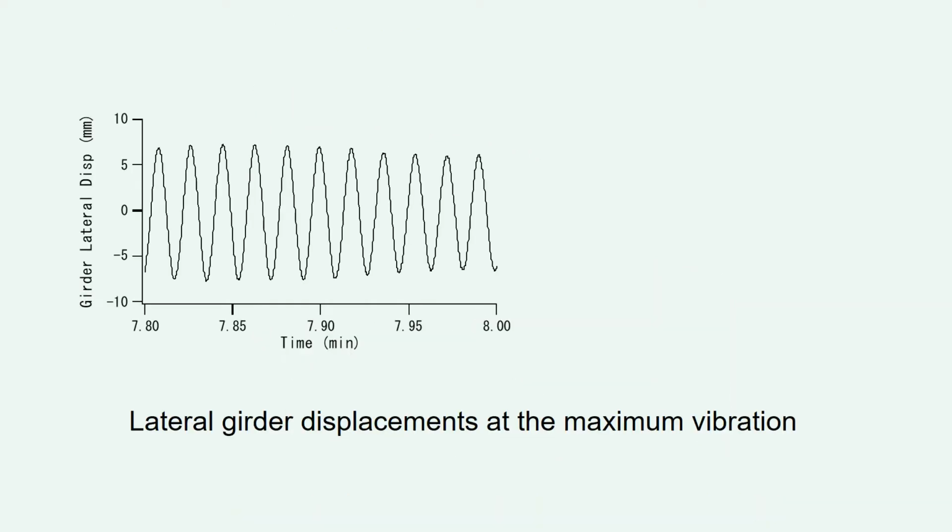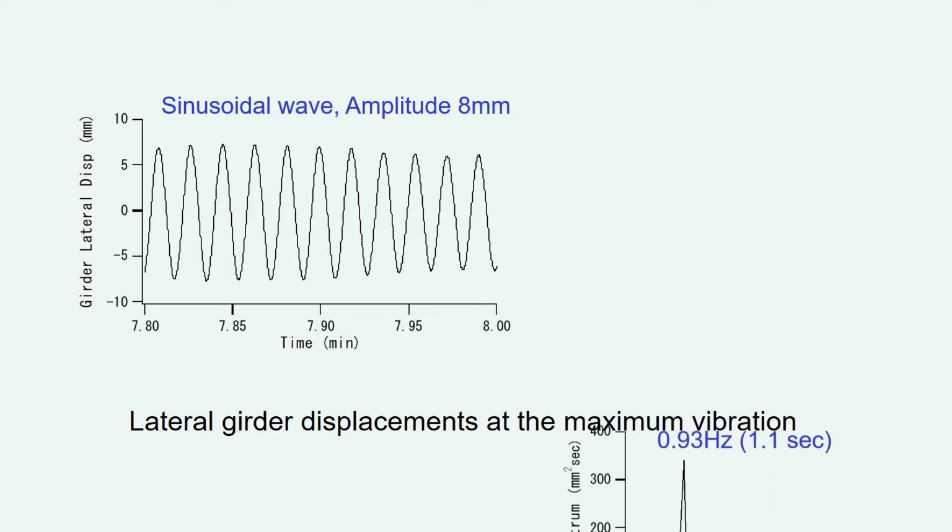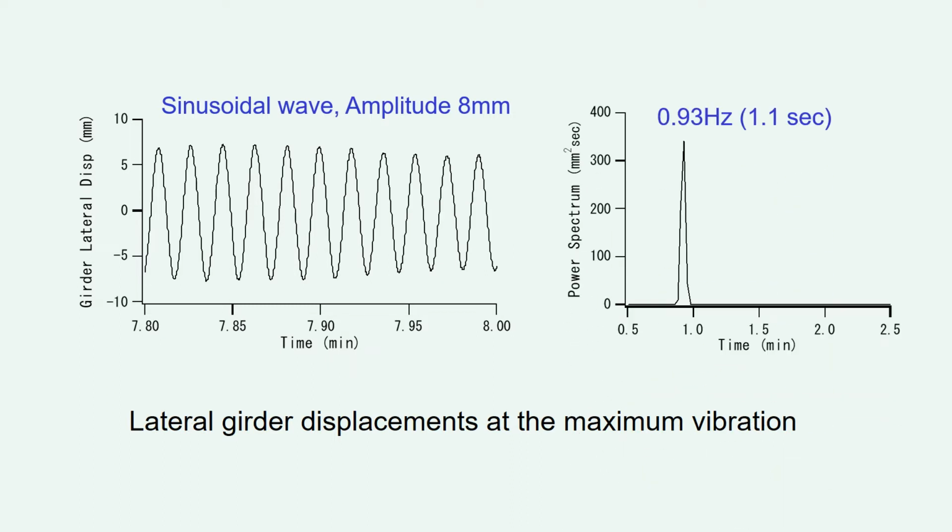This is the close-up of the girder lateral displacements at the maximum vibration. It shows a clear sinusoidal wave with an amplitude of 8 millimeters. It is converted to the power spectrum, which has a sharp peak at a frequency of 0.93 Hz or period of 1.1 seconds.